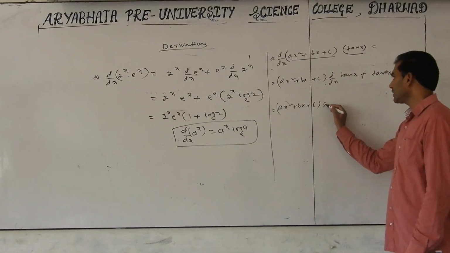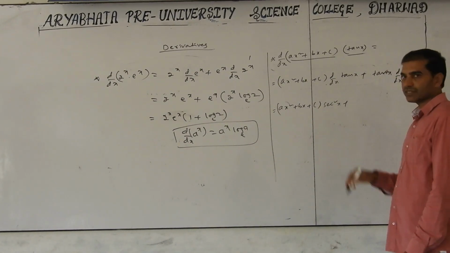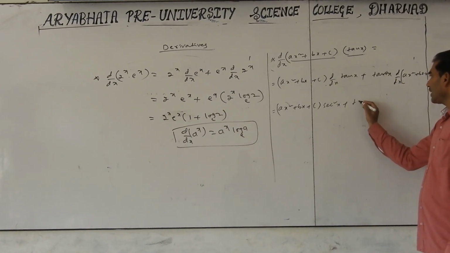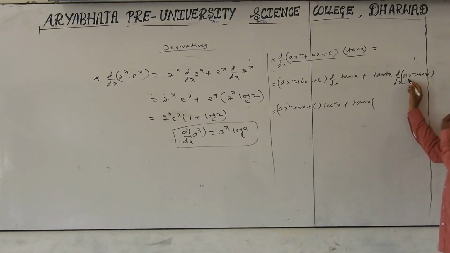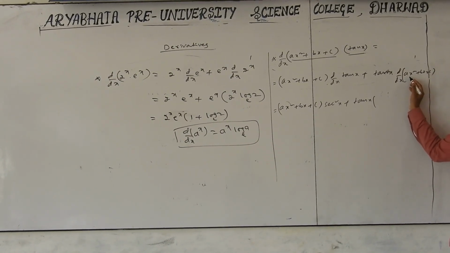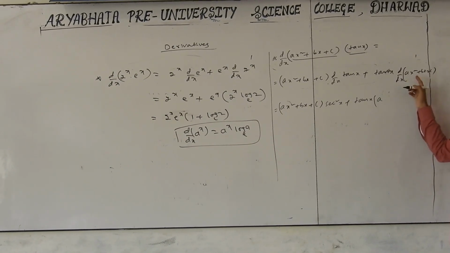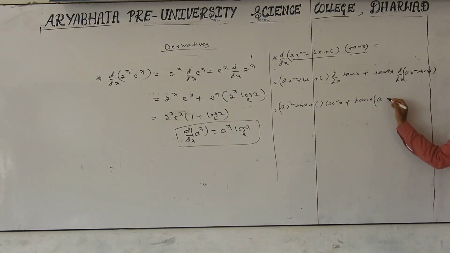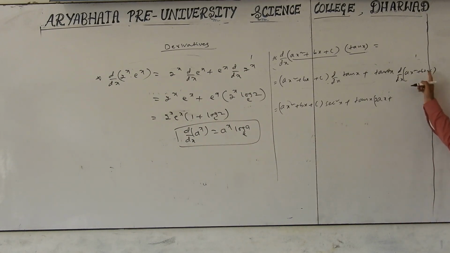Derivative of tan x is secant square x. Now tan x into derivative of ax square: a is constant, the derivative of x square is 2x, means 2ax. b constant, derivative of x is 1, plus c constant, derivative is 0. This is the answer.